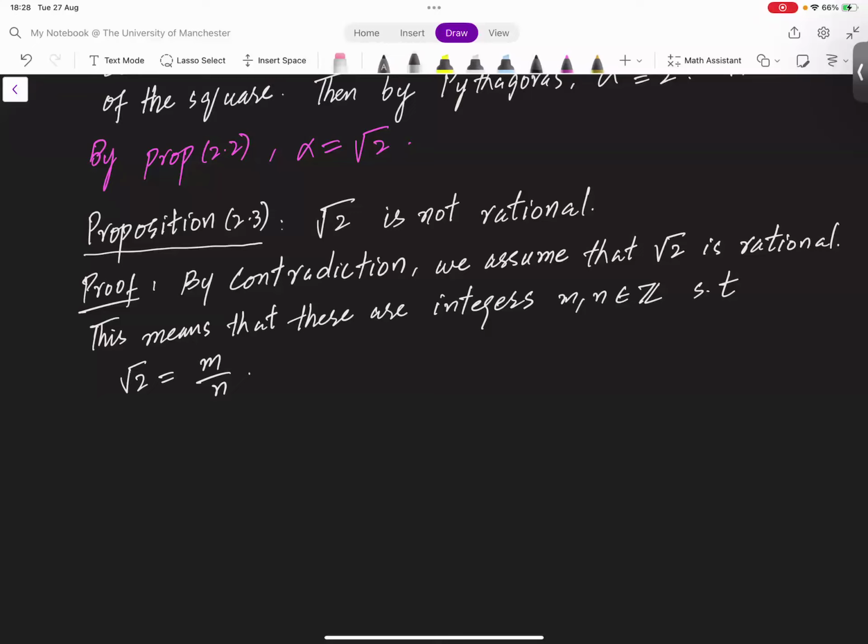Now take m over n to be in lowest terms, like it cannot be factorized further, and they do not have any common factor except 1.